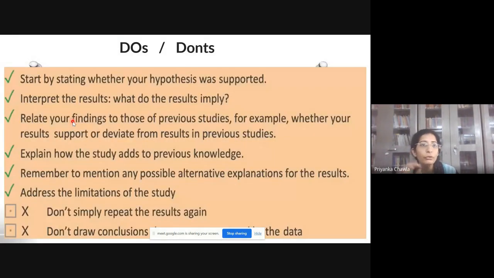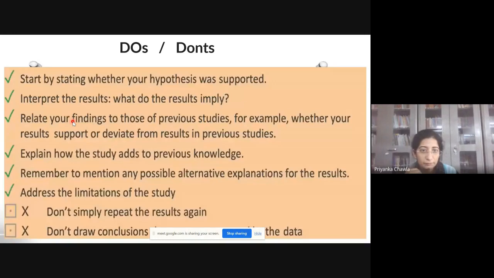It should start with stating whether your hypothesis is rejected, or if it is rejected, then what are the supported things and what are the not supported things?